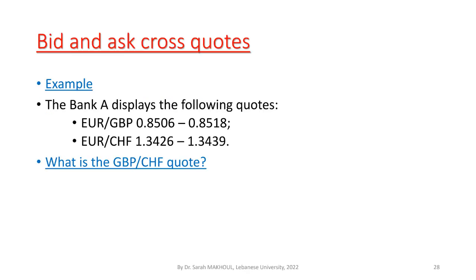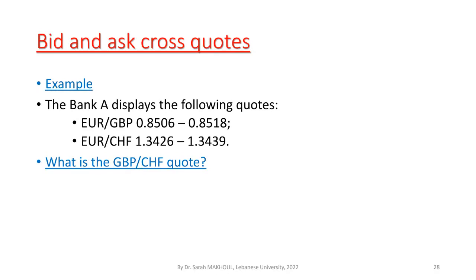It's so easy. So what to do if it's a cross quotation? A cross is like trying to display the rate between the English pound and the Swiss franc. How to manage such a cross quotation?